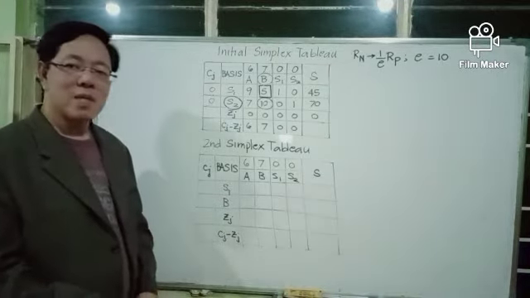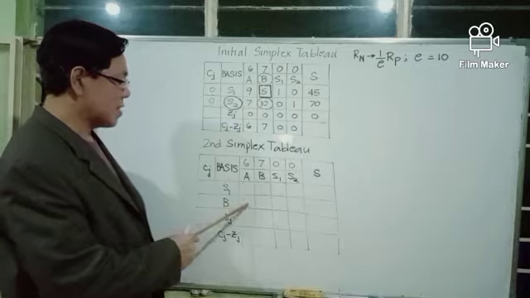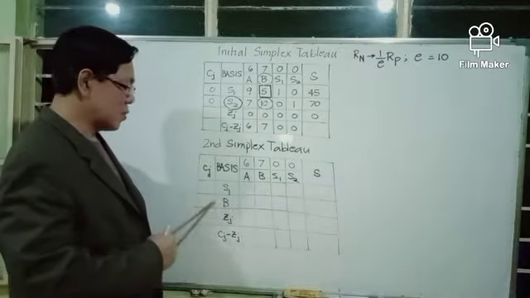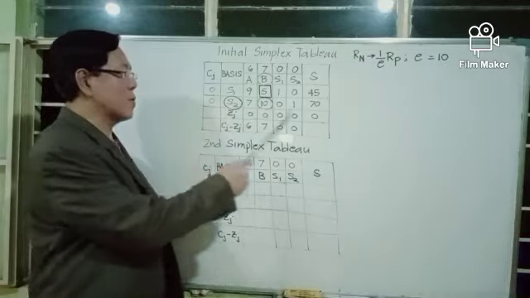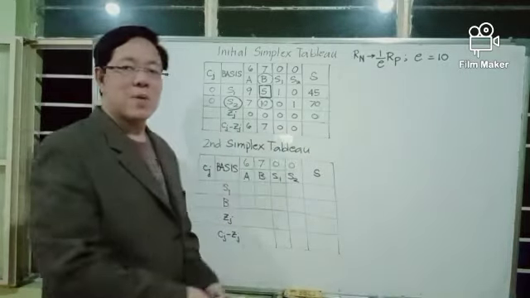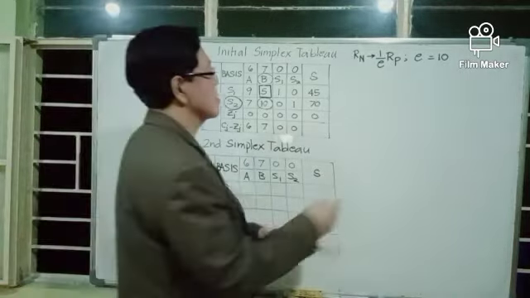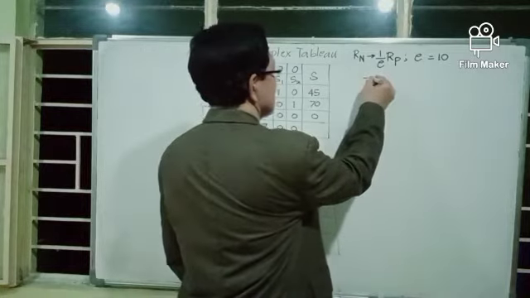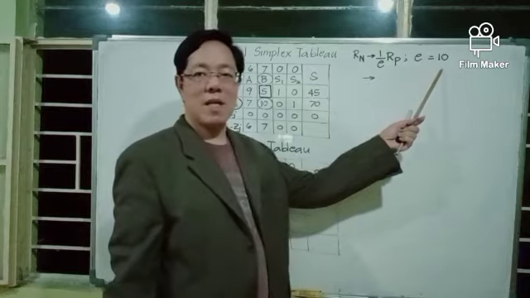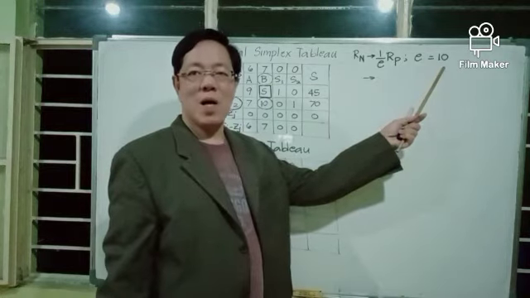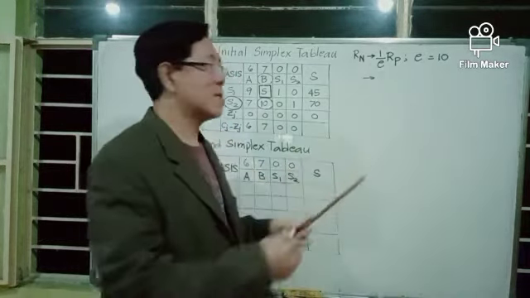Now we determine the entries of this new pivot row, which was originally the S2 row. By performing this operation, the pivot element is 10 and its reciprocal is 1 over 10.